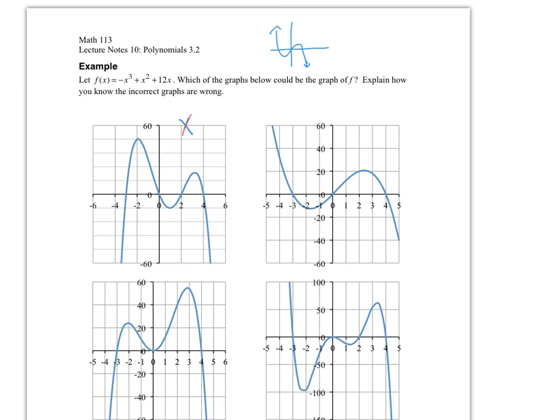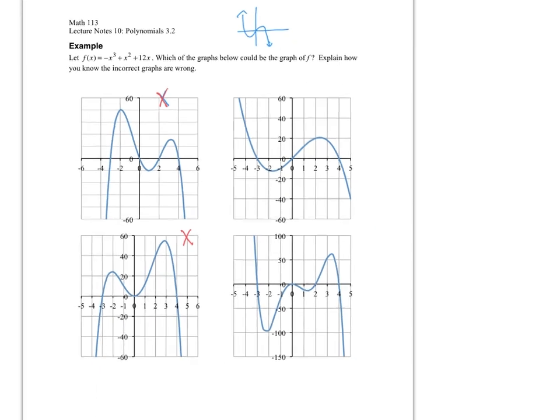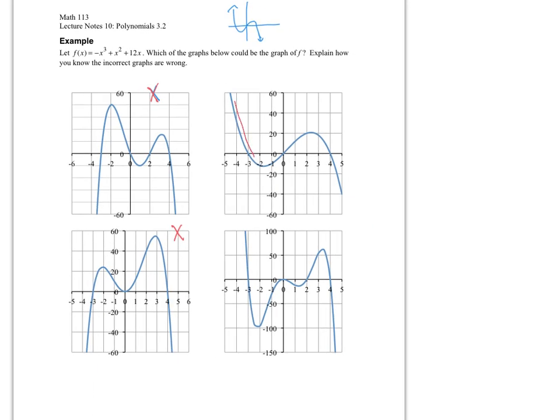So this one cannot be part of the answer, and this one cannot be part of the answer. Because remember, it has to go from positive. It can do whatever wiggling it wants here. Then it has to be negative. So therefore, this one cannot be. This one cannot be either. So these two could potentially be the solution.